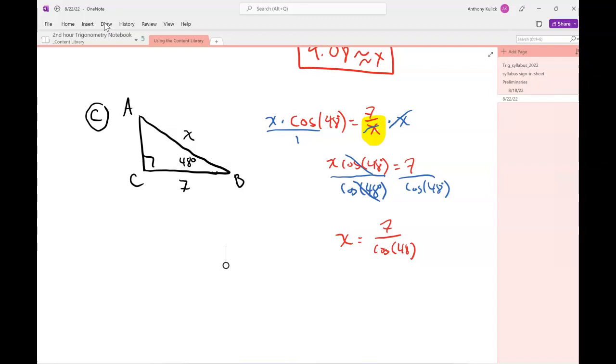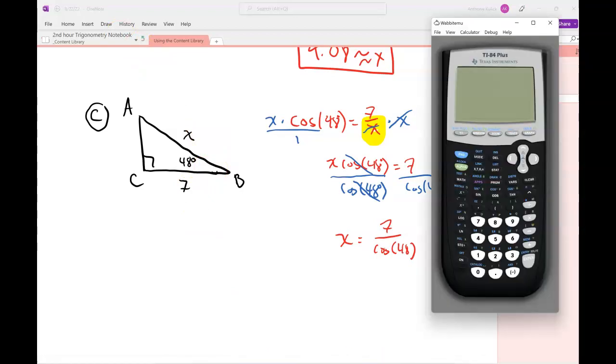Okay. All right. So to type this into our calculator, I'm going to show you guys a nice option that allows you to type into your calculator exactly the way it looks on your sheet of paper, which I think is often quite helpful for students.